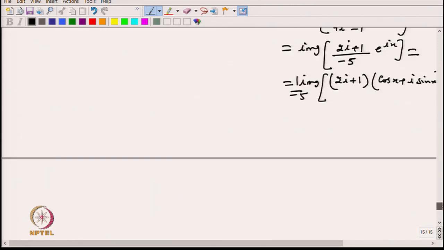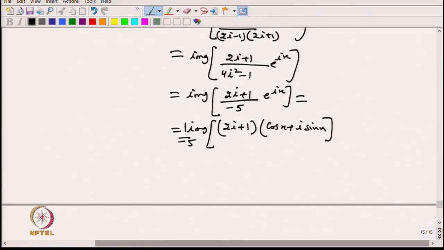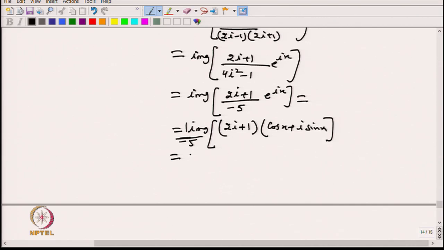Now, I can take this a little bit further. From here I will get 1 over minus 5. Now, 2i multiplied by cos x gives the imaginary part, so we get 2 cos x.